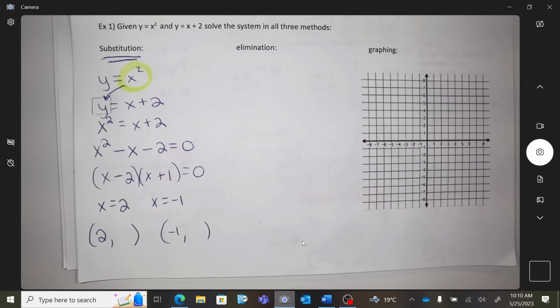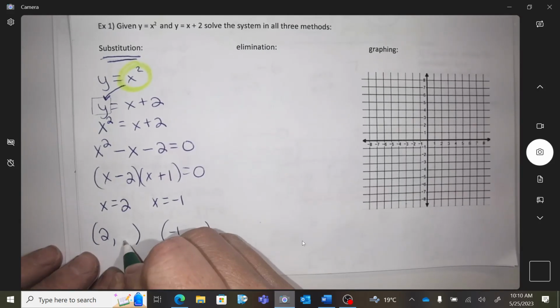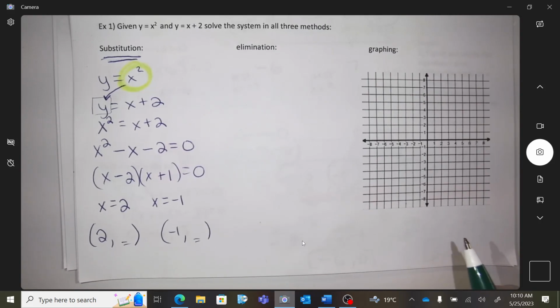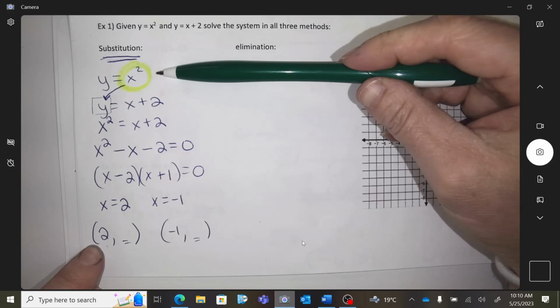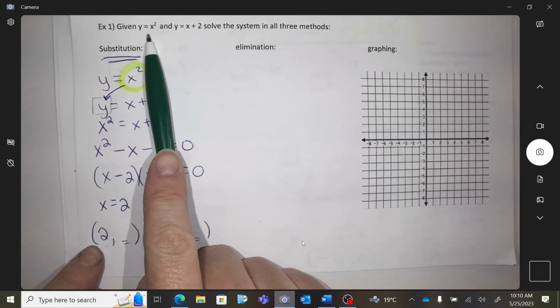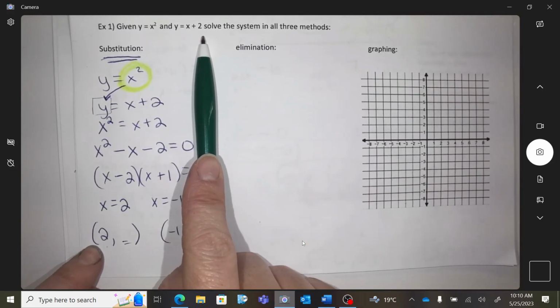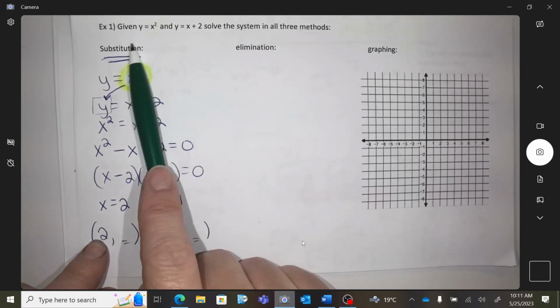So what do you want to do to get this part, which is the y? What do you think you do to get the y? How could I ever figure that out? If I know 2 is x, then what would I do? Plug it in. Does it matter if I pick this one or this one? No. Which one do you want to go with? Doesn't matter.